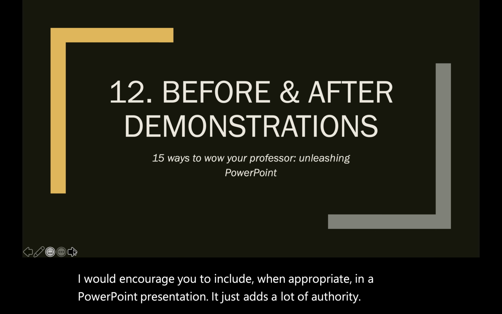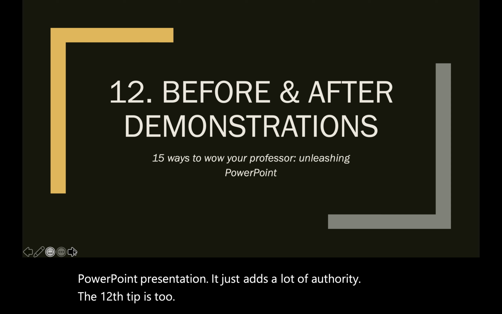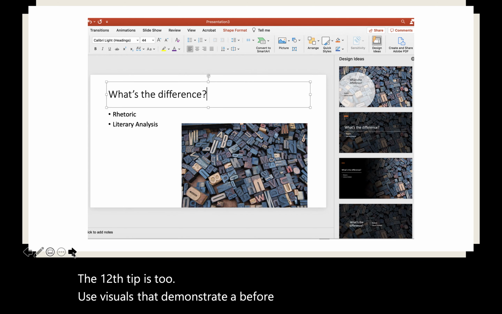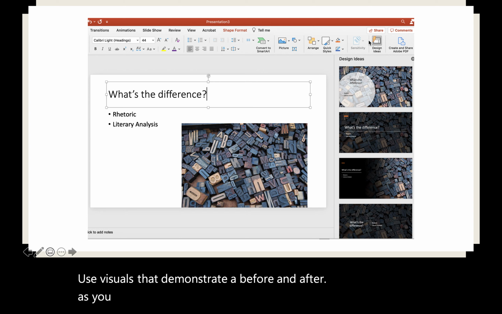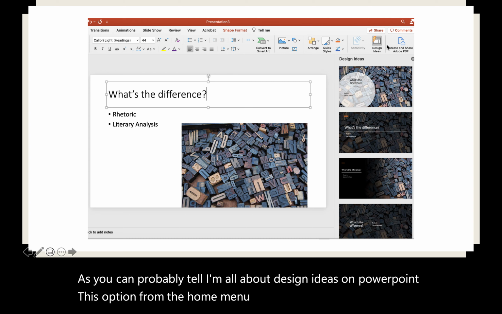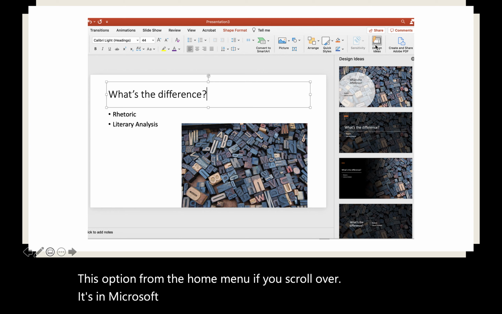The 12th tip is to use visuals that demonstrate a before and after. So, as you can probably tell, I'm all about design ideas on PowerPoint. This option from the home menu, if you scroll over, it's in Microsoft 365, any version I think after 2016.